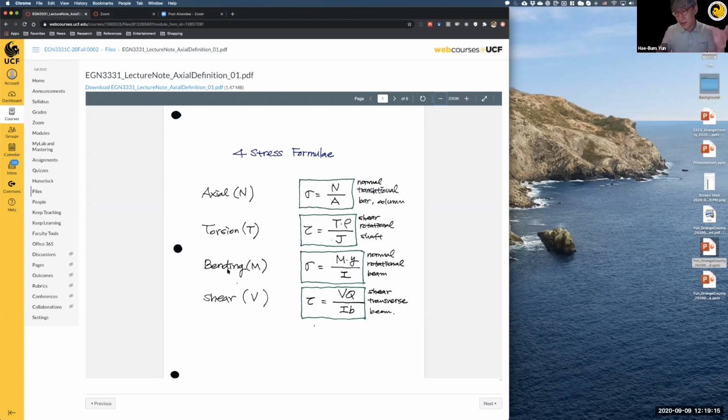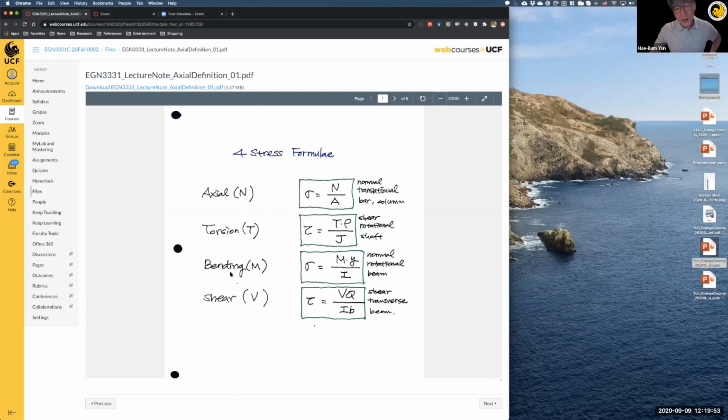That is the definition of an ideal truss. So a truss belongs to axial members, but a truss is more like a structure rather than a member. A truss is a combination of a bunch of axial members. So you want to distinguish structures from members. A structure is a combination of members.